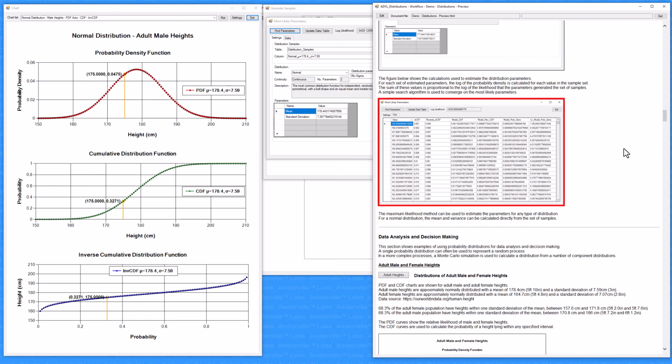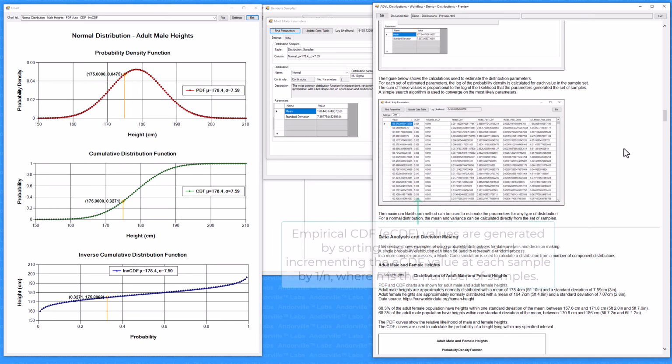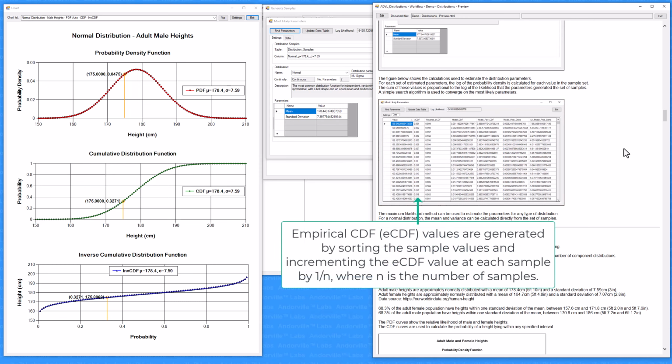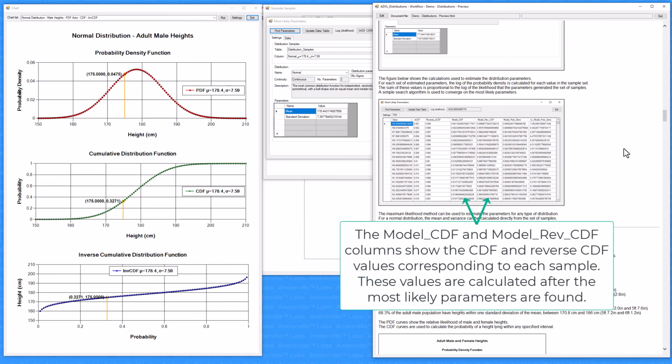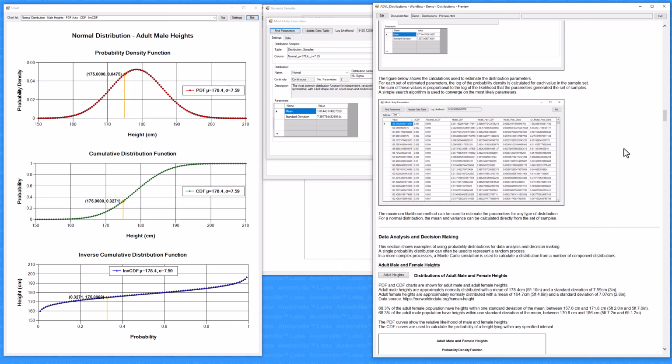The figure below shows the calculations used to estimate the distribution parameters. For each set of estimated parameters, the log of the probability density is calculated for each value in the sample set.